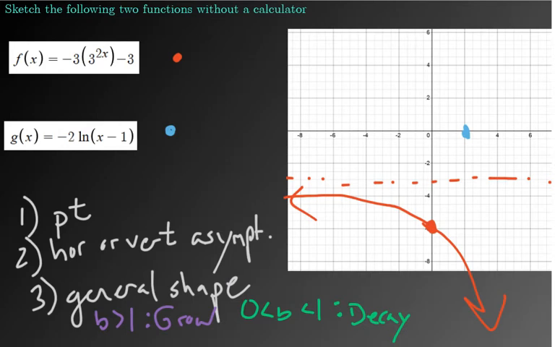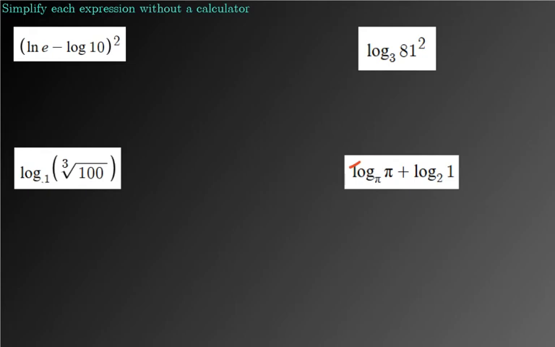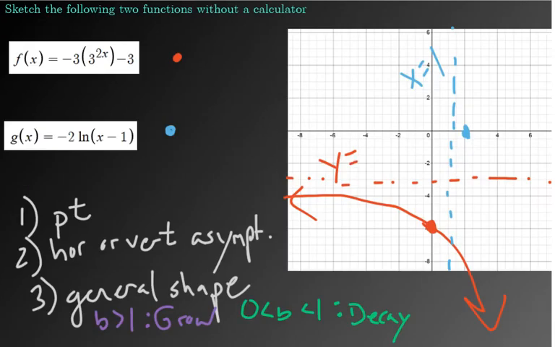And then the asymptote was here, but I shifted it over 1, and so it's right there now at 1. This is x equals 1. And this asymptote was y equals, what was it, minus 3. And then you just need general shape. So it's log growth, okay?